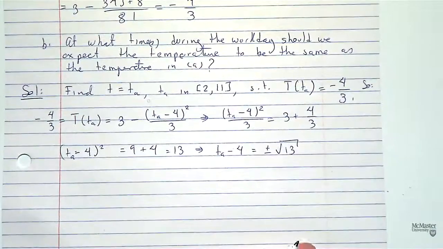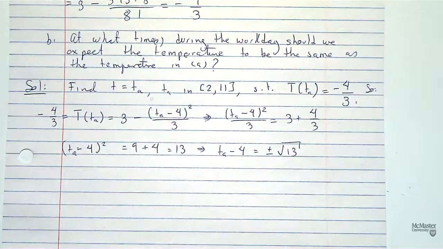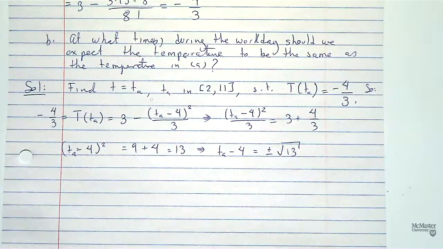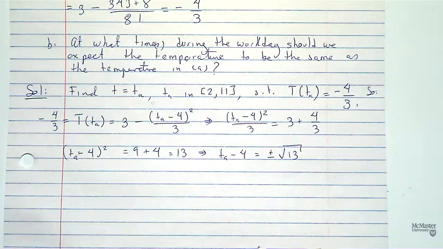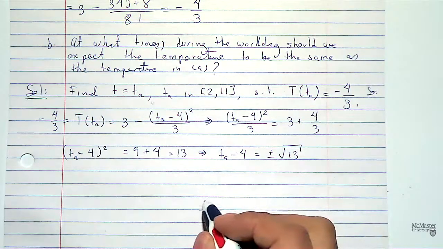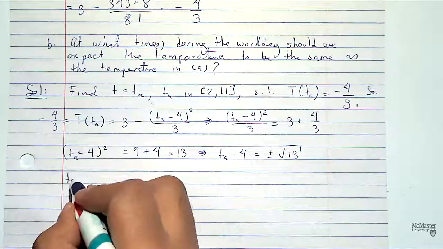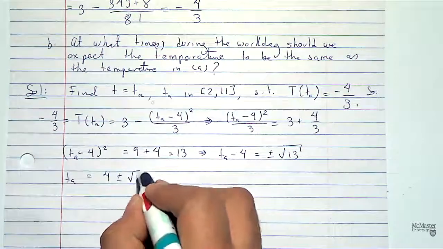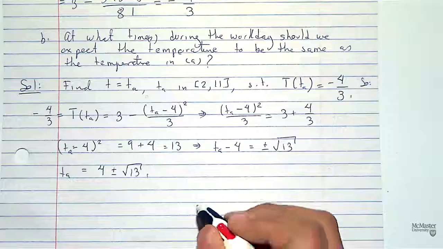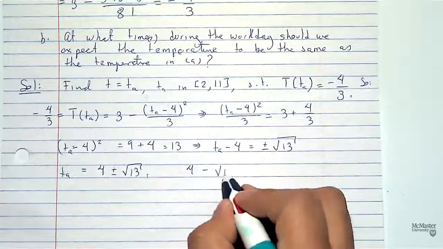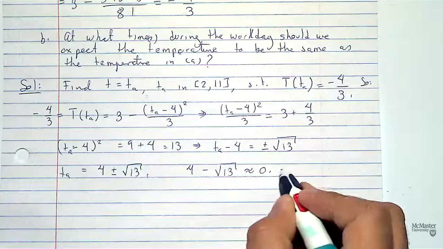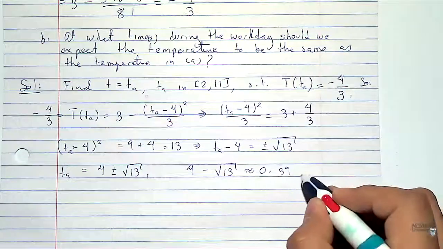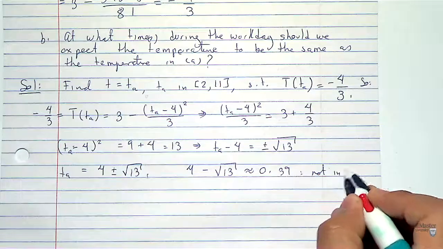So TA minus 4 is equal to plus or minus the square root of 13. So, well, remember the time or times, it's precisely because of that. But one of the solutions is actually not going to be meaningful. If you consider the minus sign, what you have is basically TA equal to 4 plus or minus the square root of 13, and you have to figure out if both are meaningful. So if you compute 4 minus the square root of 13, that is 0.39, and that is not in the interval from 2 to 11.